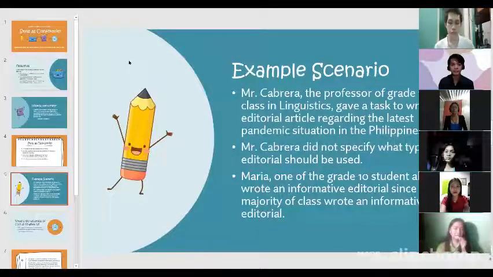In our given scenario, if Mr. Cabrera specified what type of editorial, for example, that everyone should make an informative editorial, and he also gave a format, the students will have to conform to that so that their output will be acceptable to the standards of Mr. Cabrera. To further discuss our topic, may I call on my other group mate?